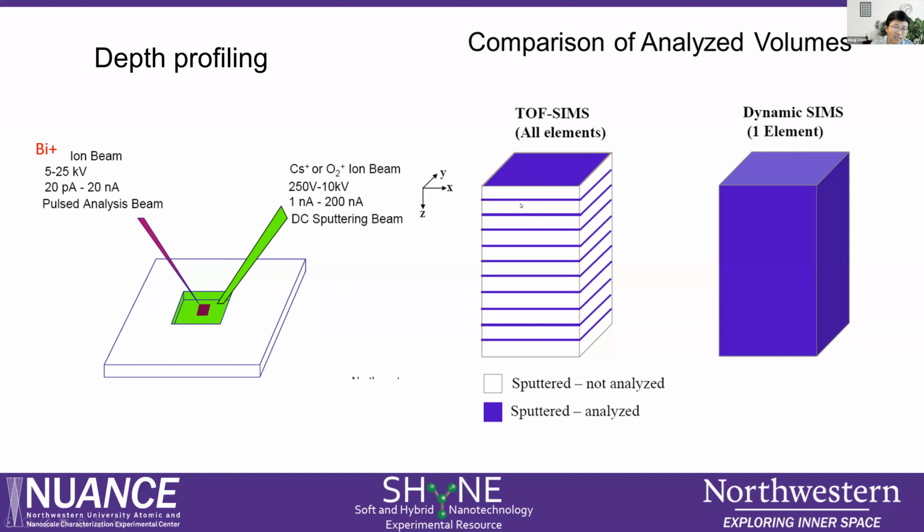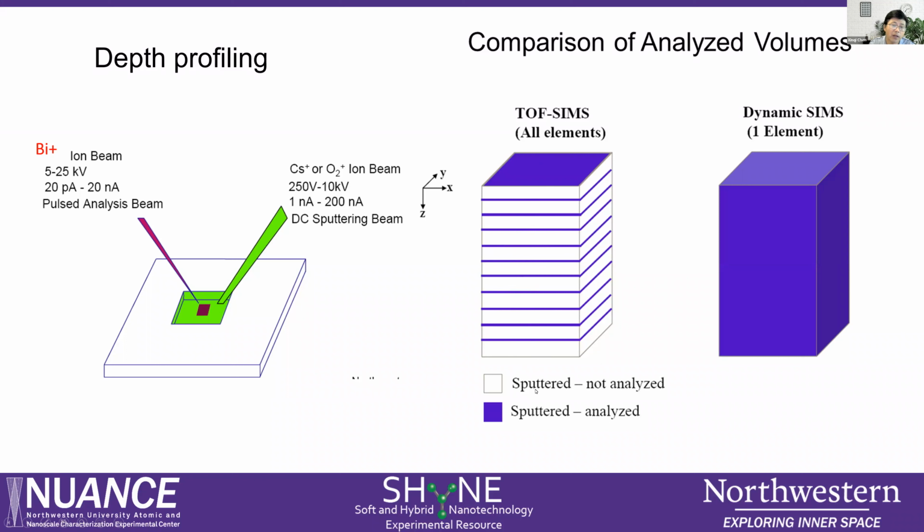After you sputter a layer and get a new surface, then you analyze what is on the surface, then remove another layer, and then analyze the surface. That is basically the profile. XPS is the same mechanism.